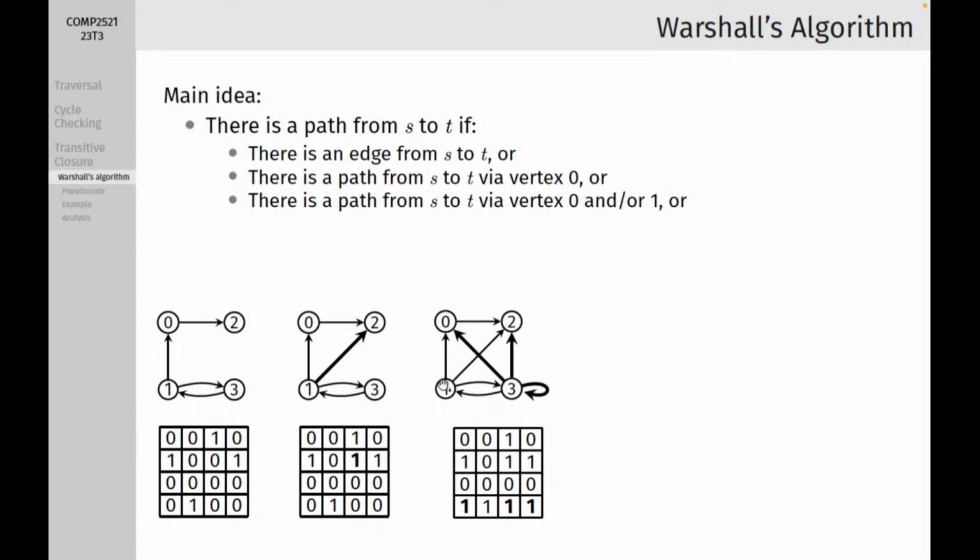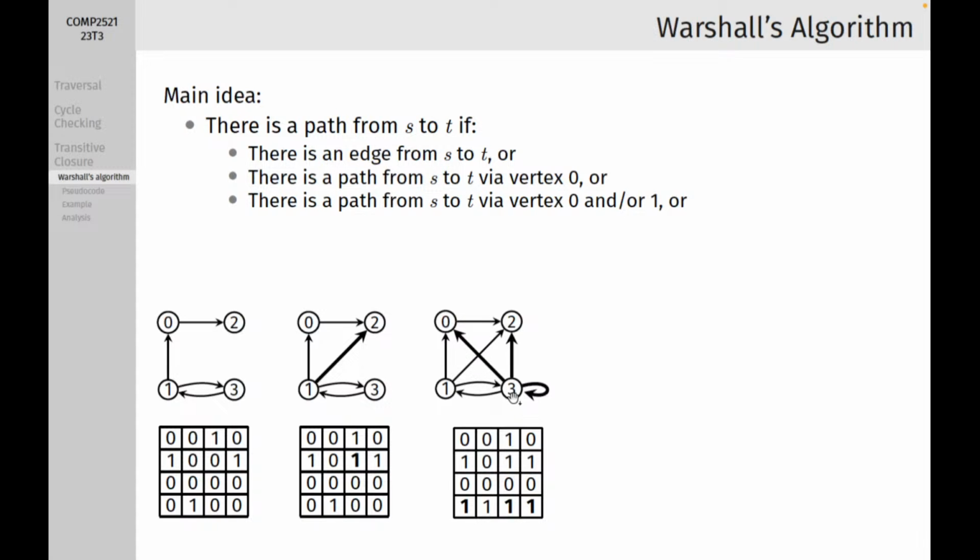In the next diagram, we can see that there's a path from 3 to 0 because there's a path via vertex 1. So the path is, you go from 3 to 1 to 0, so that tells us that there's a path from 3 to 0. This bolded edge is just showing that.